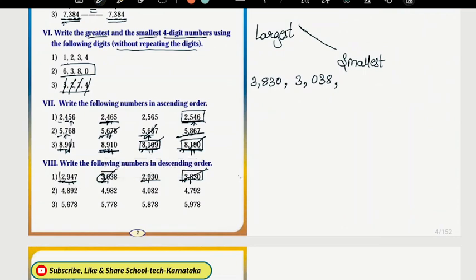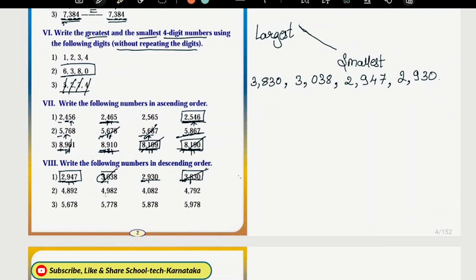So 4 is larger than 3. We write 2947 and at the last comes our smallest number, 2930.